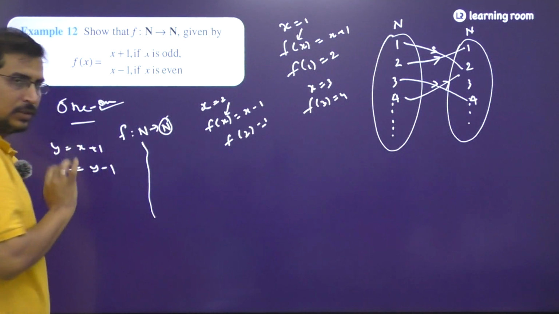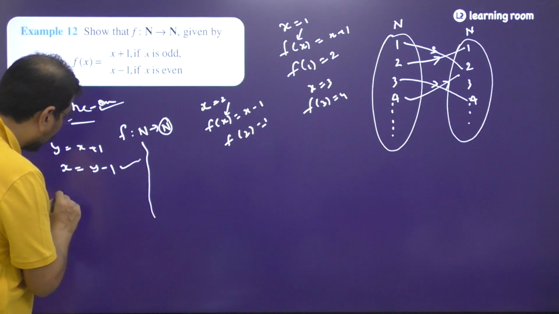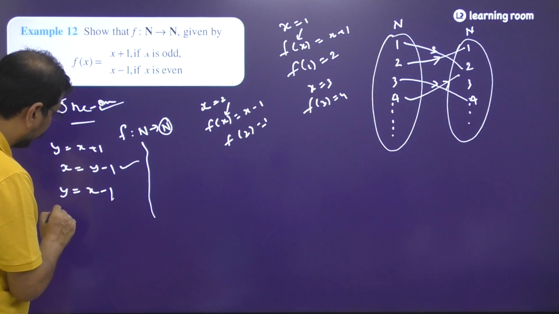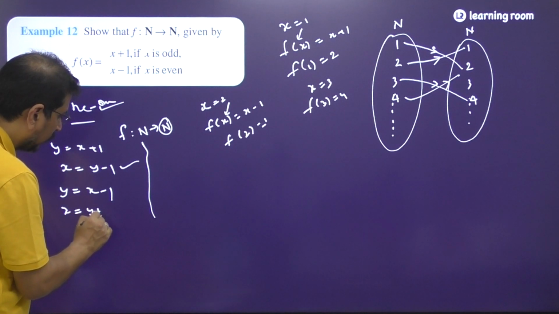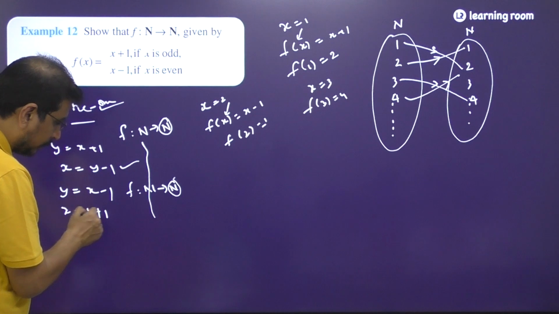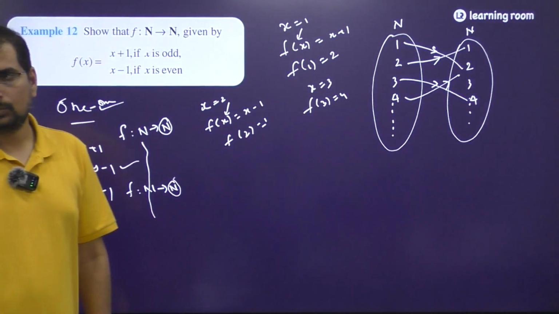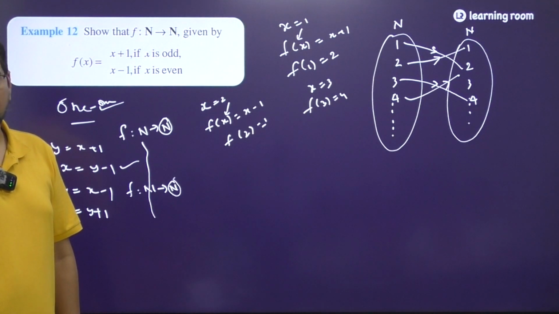When I substitute a natural number here, am I getting a natural number? Yes. Then what about y is equal to x minus 1? X will be equal to y plus 1. F is a function mapped from N to N. When I substitute a natural number here, I am getting a natural number. Hence, it's an onto function also. Is that point clear?